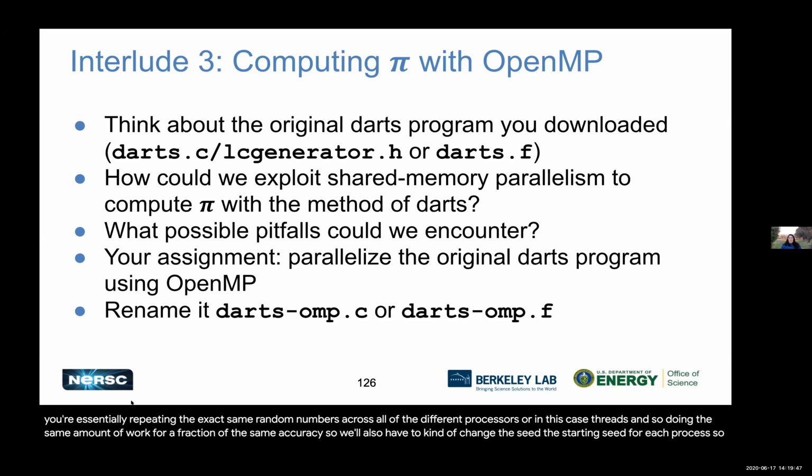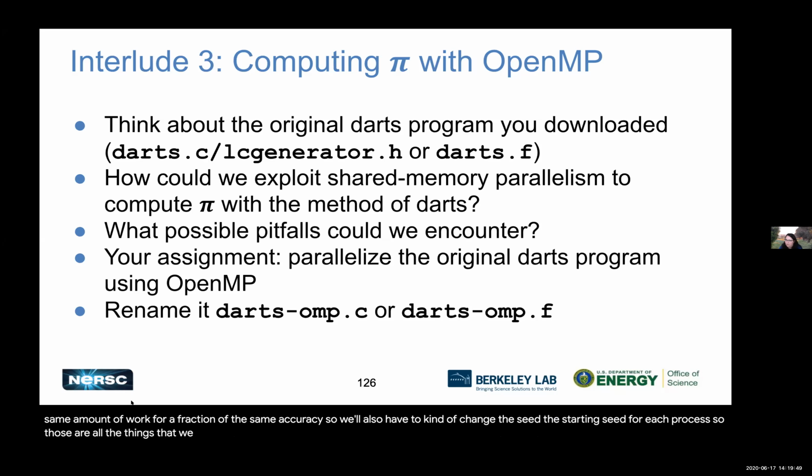Those are all the things we had to think about in order to do this. Are there any other things we might have to consider, or have I thought of everything? Any ideas? All right, I'm going to assume that means I thought of everything.